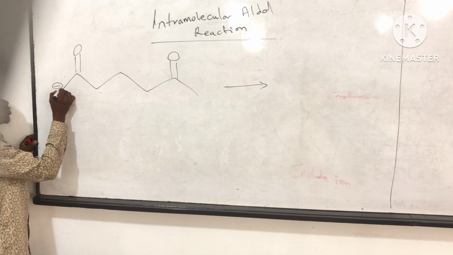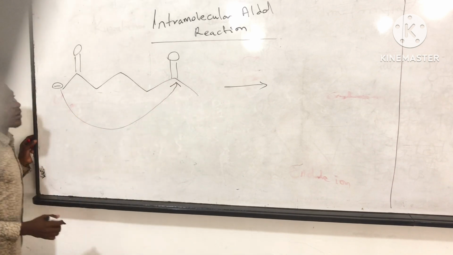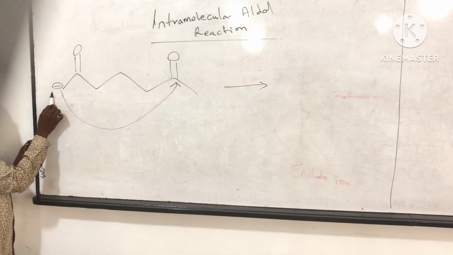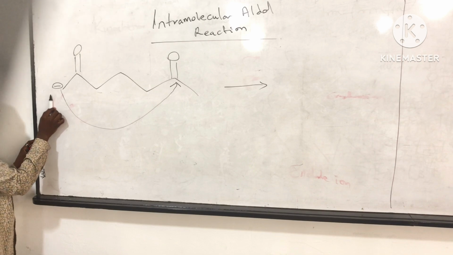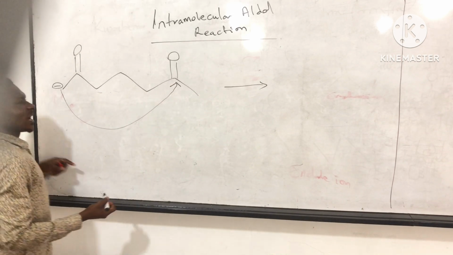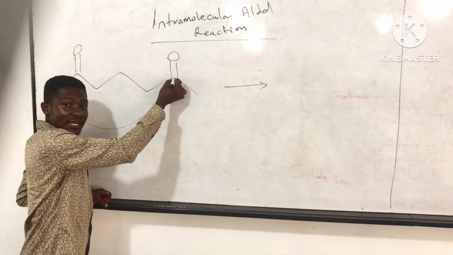Now, to show the attack, I'm just going to draw the arrow directly to the carbonyl carbon. So it tells me that this carbon is acting as a nucleophilic donor, and it is attacking what? This carbonyl system. Now, why is this carbon acting as an electrophilic acceptor?